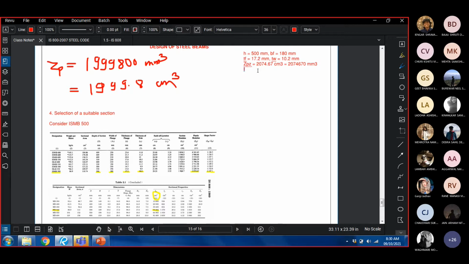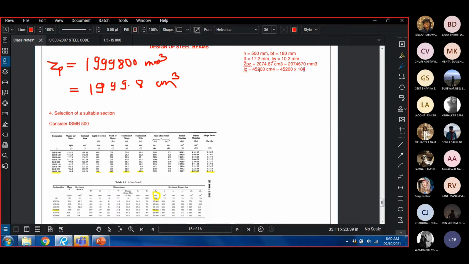Therefore, you can call it IZ. IZ is equal to 45200, and this is in centimeter to the power 4. So this is equal to 45200, and you add 4 zeros to it, or you just write it like times 10 power 4.